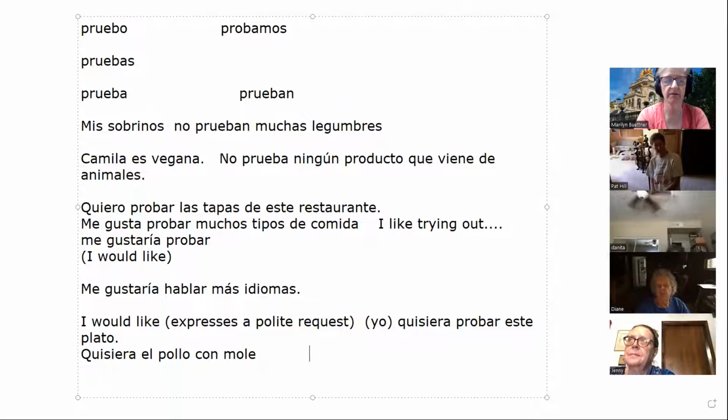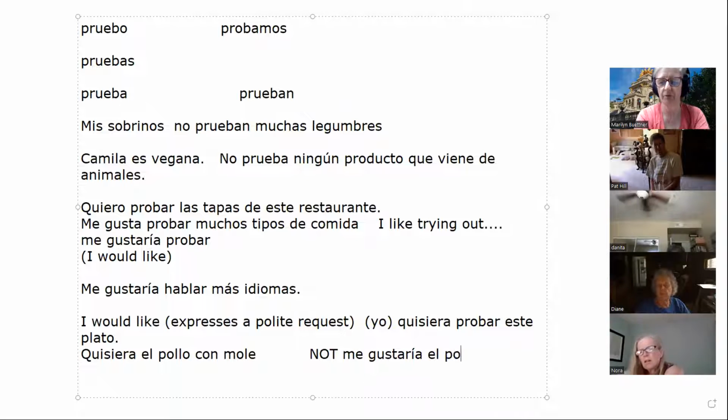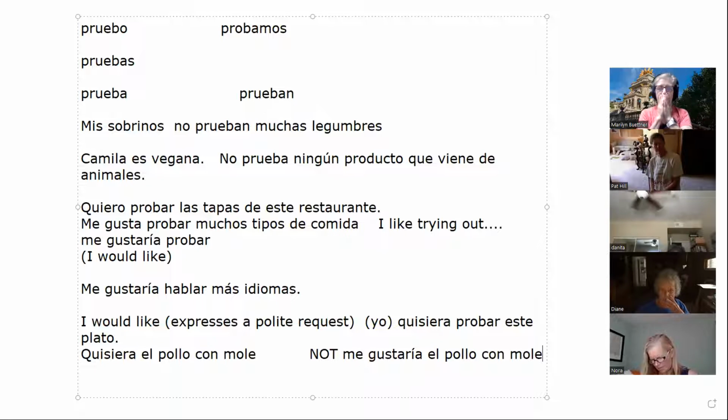But you would not say, me gustaría el pollo con mole. Okay. Me gustaría is combined with a second verb. It is not combined with a thing.